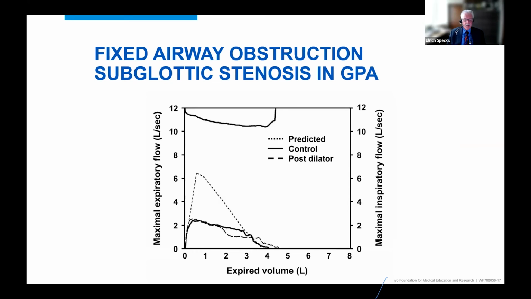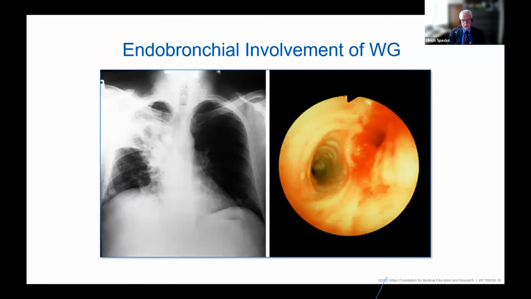I'll spare you these further curves, but this patient with the narrowing had flattening of the expiratory flow volume loop and flattening of the inspiratory flow volume loop. So a pulmonary function test tells us what the nature of the airway obstruction is. This is a lesion further down in the airway, so you have a narrowing of a segmental airway.